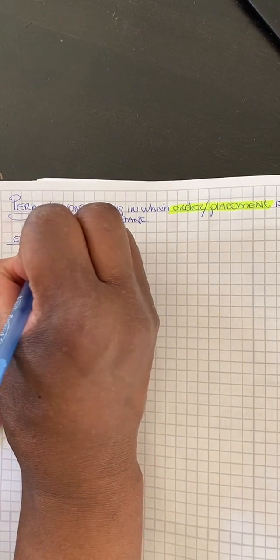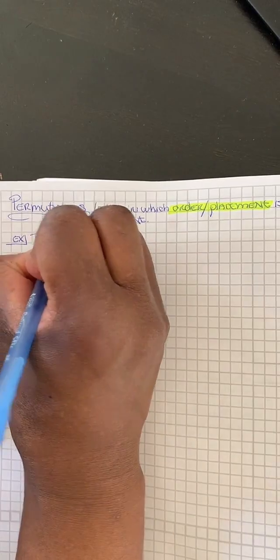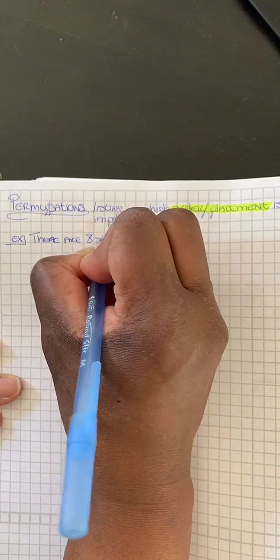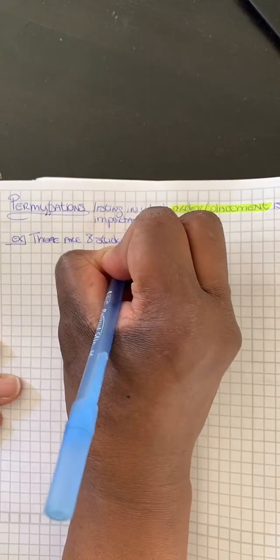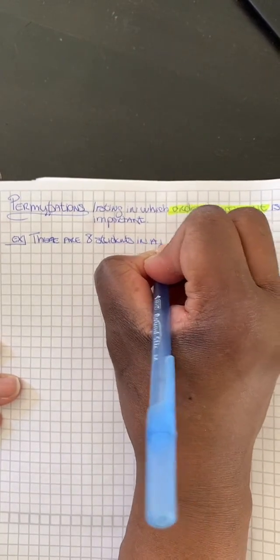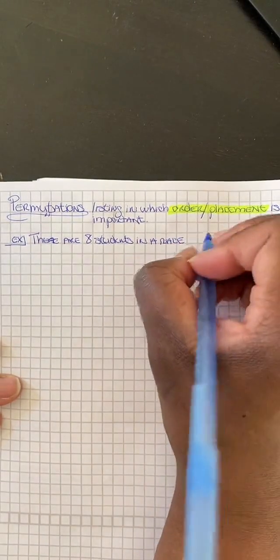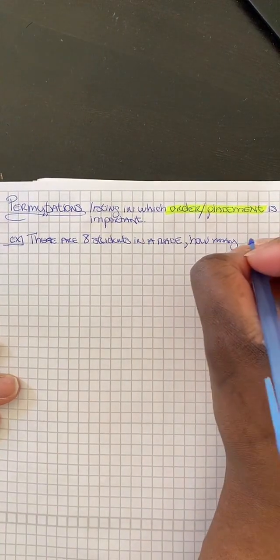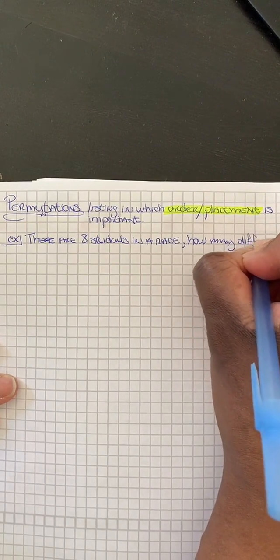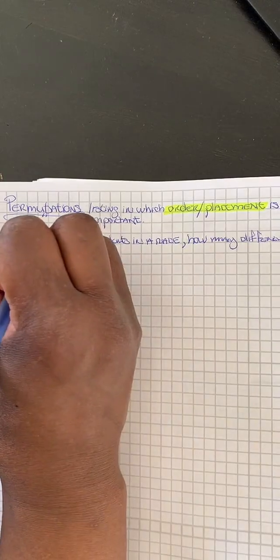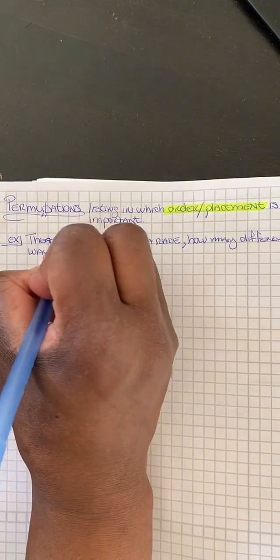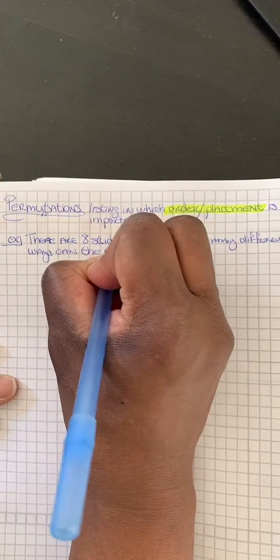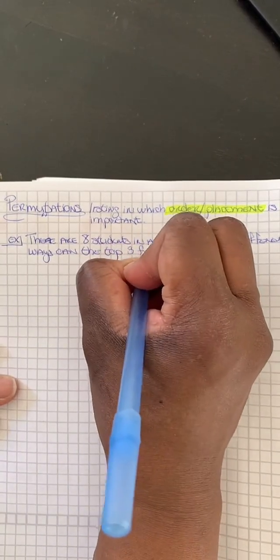There are 8 students in a race. So if we say 8 students are in a race, we want to know how many different ways can the top 3 finish?